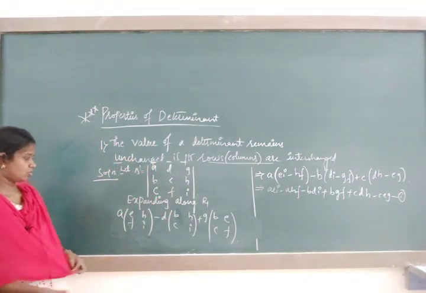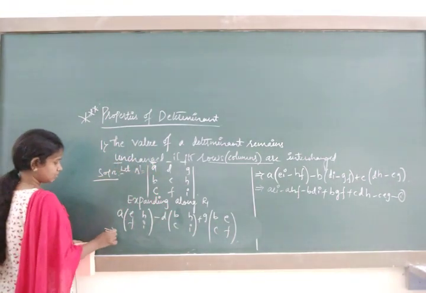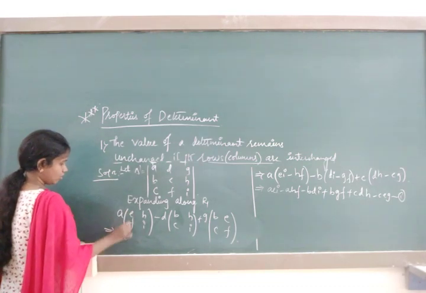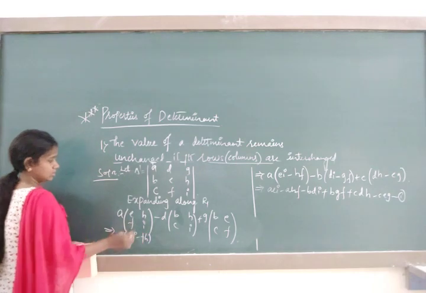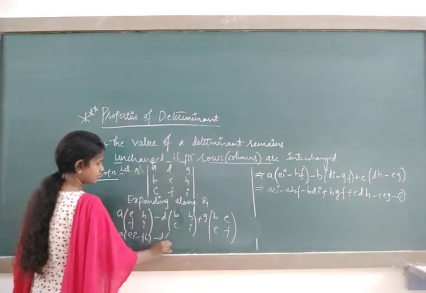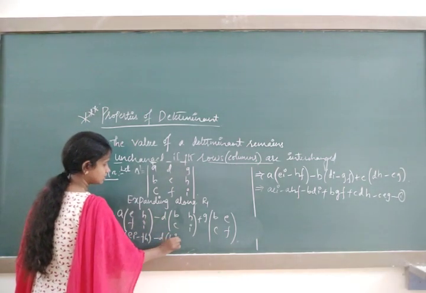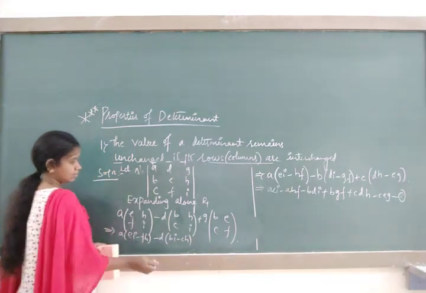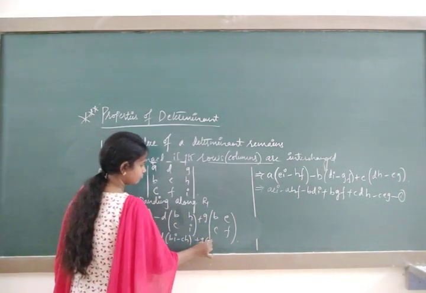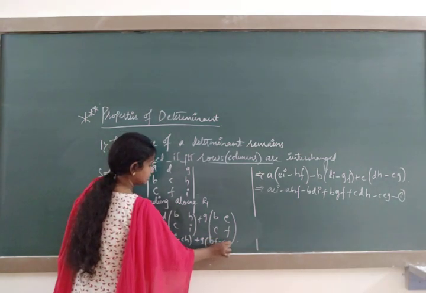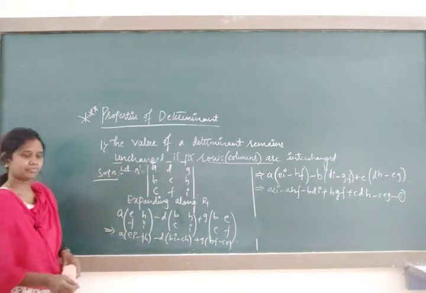Okay. Now you just expand this one because it's a 2 cross 2. A of this 2 is EI minus FH, minus D of BI minus CH, plus G of this is BF minus CE.